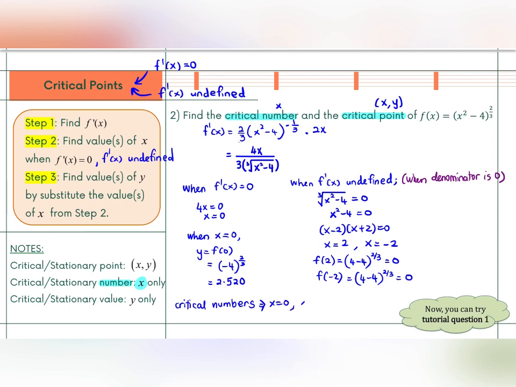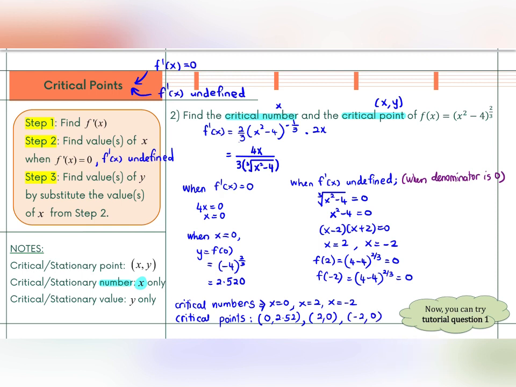And then kita ada x equals to 2 dan x equals to negative 2. Okay, dan our critical points are, ada 3 dekat sini. Yang pertama adalah 0 and 2.52. And then kita ada 2, 0 dan juga kita ada negative 2, 0.